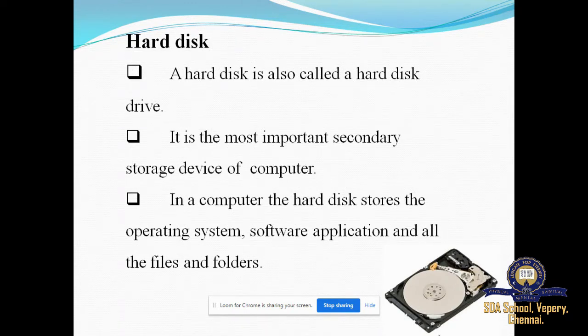In a computer, the hard disk stores the operating system, software applications, and all the files and folders.